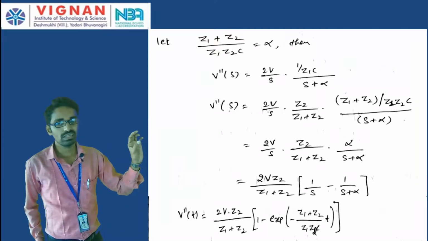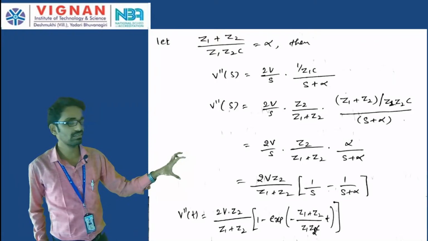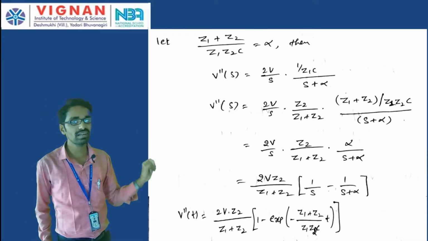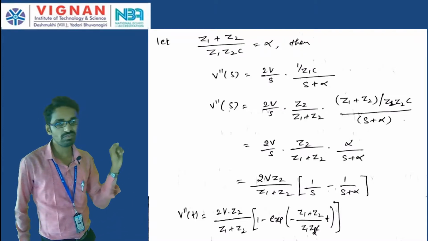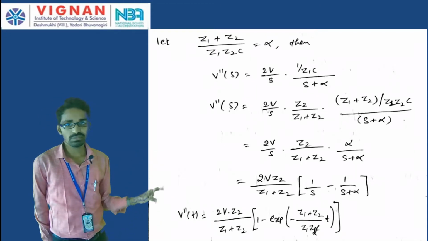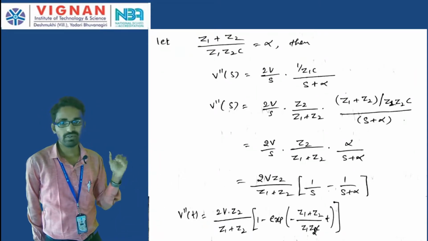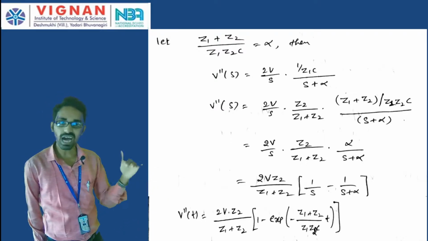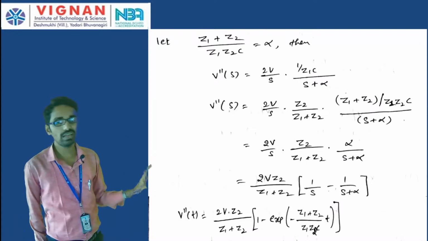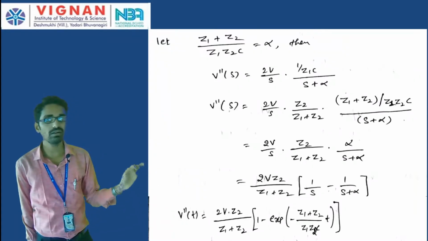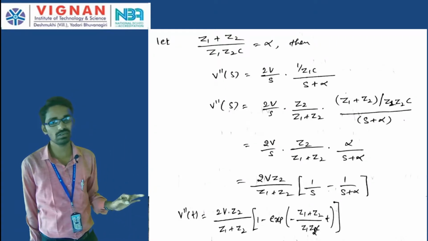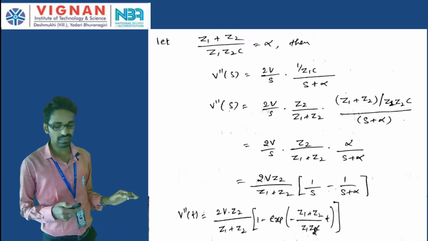The inverse Laplace transform of 1 by s is 1, and the inverse Laplace transform of 1 by s plus a is e power minus a t. Here alpha is nothing but Z1 plus Z2 by Z1 Z2 C. Substituting that value, we get 1 minus e power minus Z1 plus Z2 by Z1 Z2 C into t, that is V double dash of t.